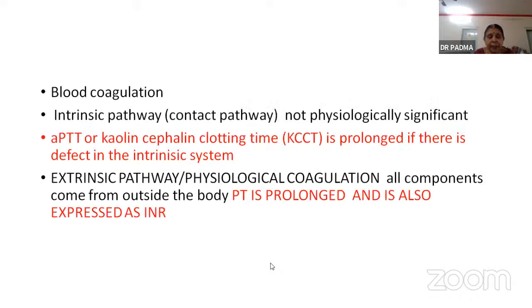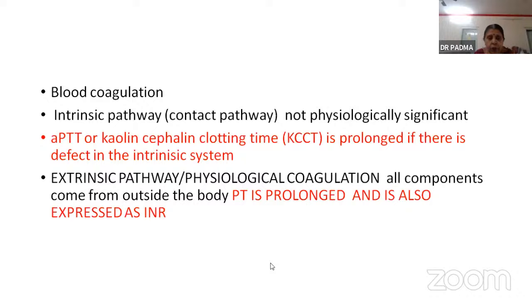I have just enumerated these. Anything which is deep and specific which you have not understood, I will try to explain it, but you have to have a little bit of physiology to know pharmacology. That's the reason why I have put these slides. First is the blood coagulation. There is both intrinsic as well as extrinsic pathway.